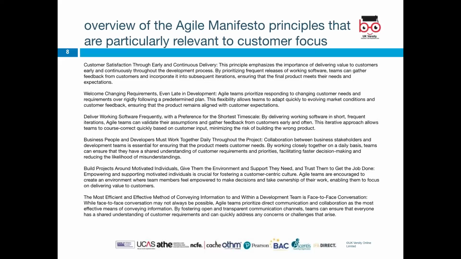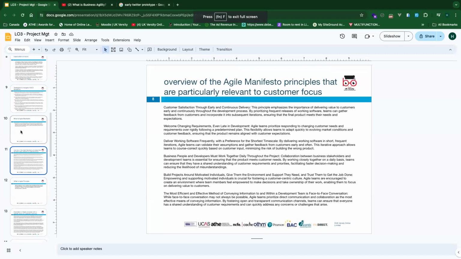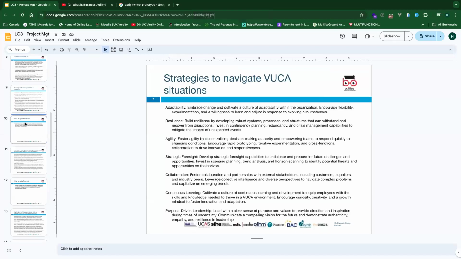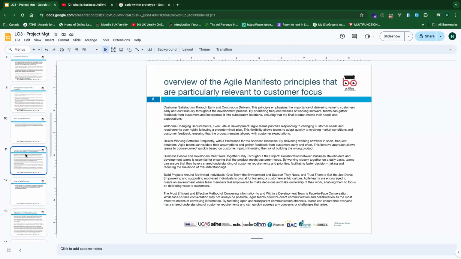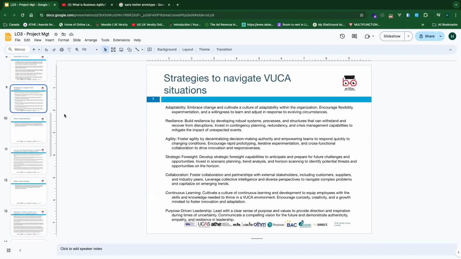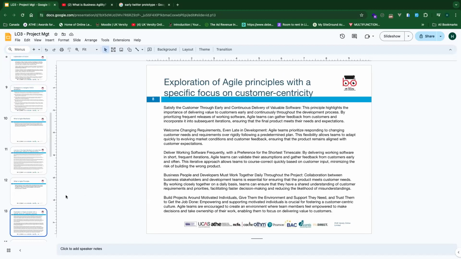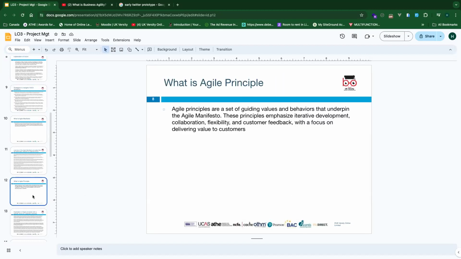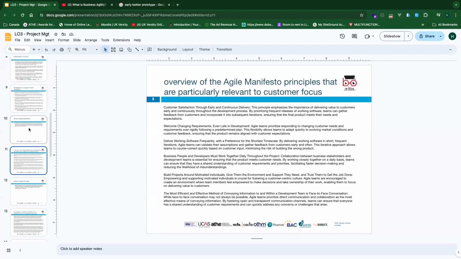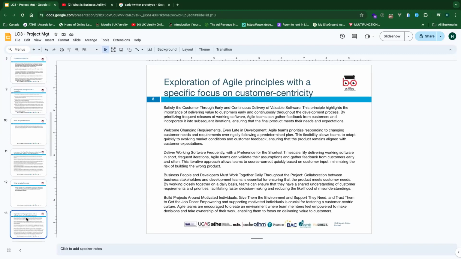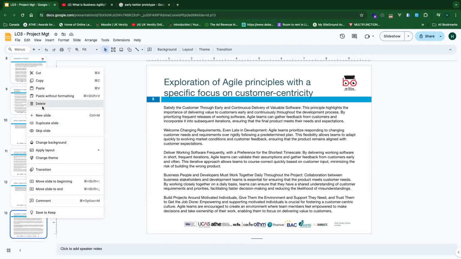Sorry for the confusion. I think we should be taking out the slides. Yeah, continuous learning. So we have customer satisfaction, we have the most efficient, specific conversations. Yeah, we have it here already. Have it here too. So this needs to be taken out.